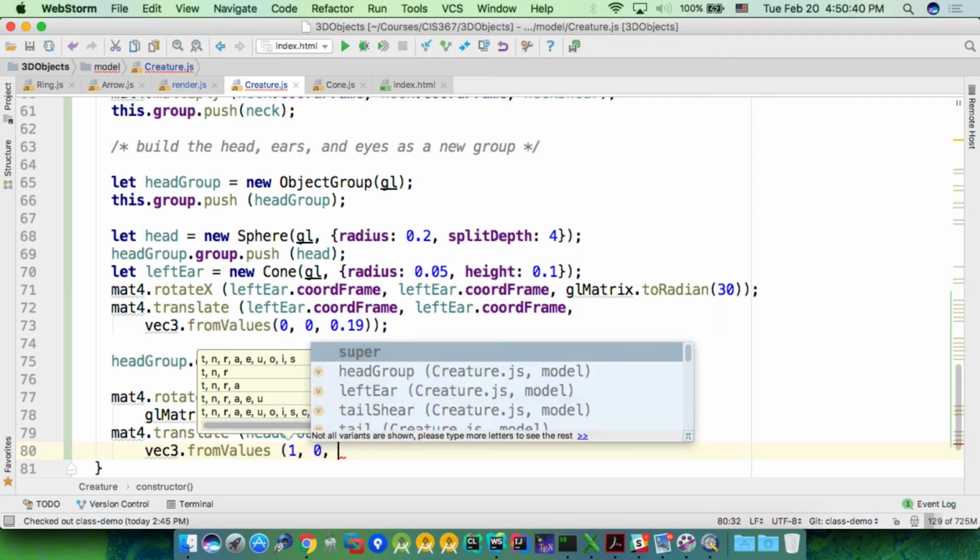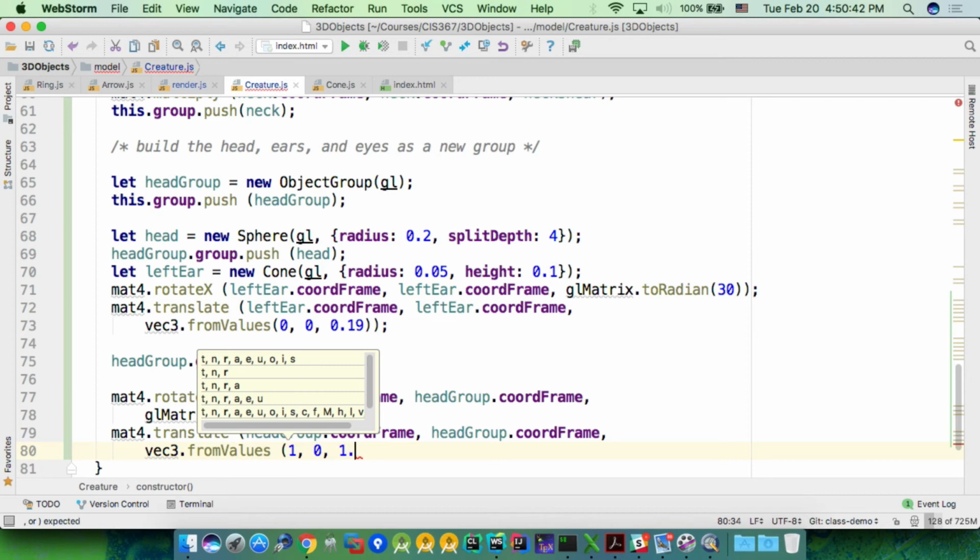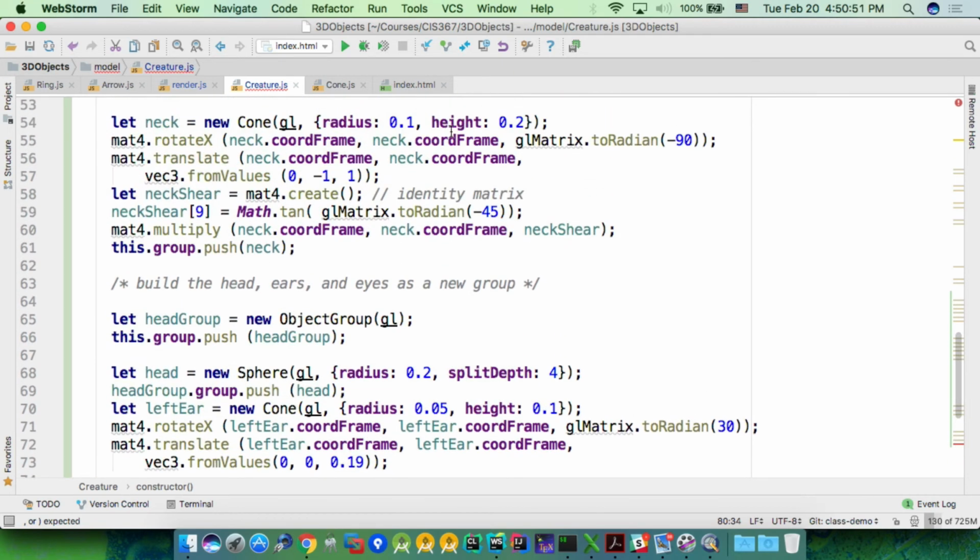Probably the z-axis is 1 point something. 1.05, I don't know. The neck height is 0.2. If you translate just one, the dead center of the head is going to be at the edge of the cylinder.